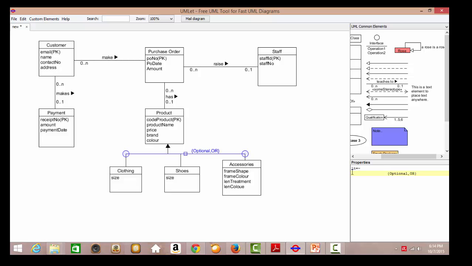Because the system not only sell clothes, shoes and accessories. So there are many things, many products they sell, so it's optional. Why or? Because one product can only in one categories. For example, sandal cannot be in accessories.